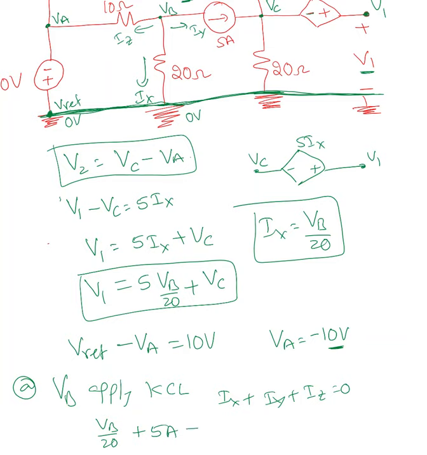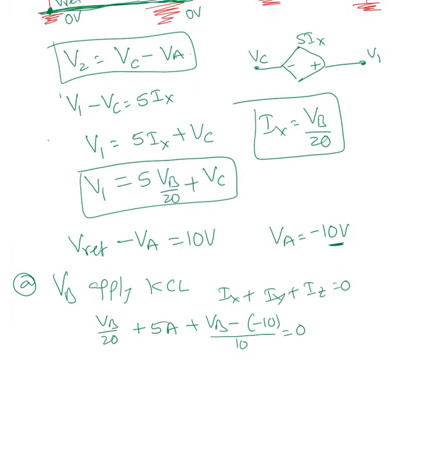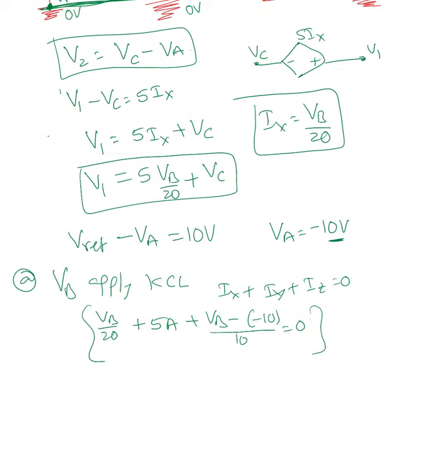And Iz is nothing but VB minus VA, where VA equals minus 10 volt, divided by 10, equal to 0. Okay, let me simplify this. I'm going to multiply this with 20. So VB plus 100 plus 2VB plus 20 equal to 0.